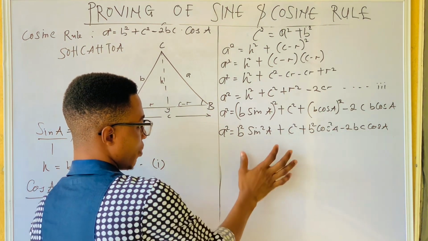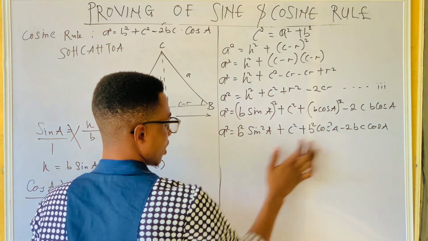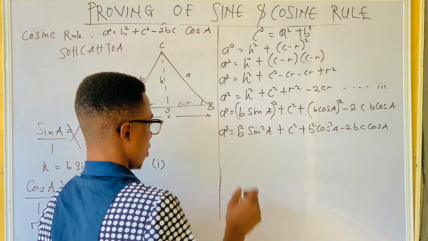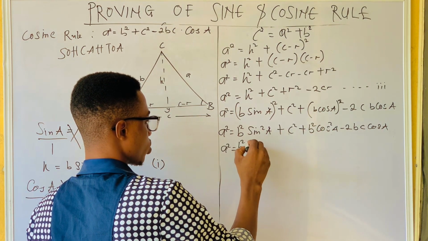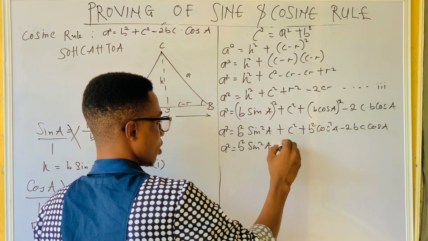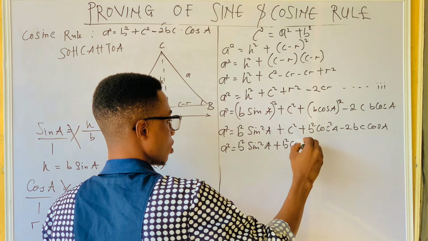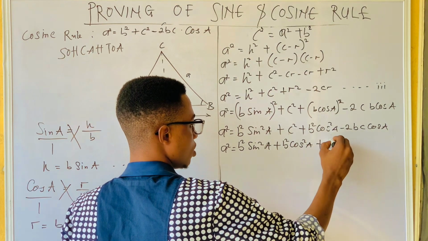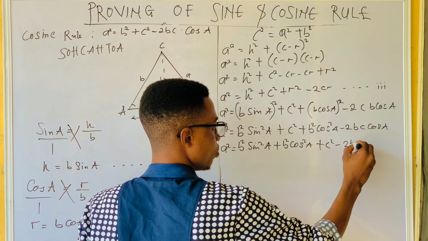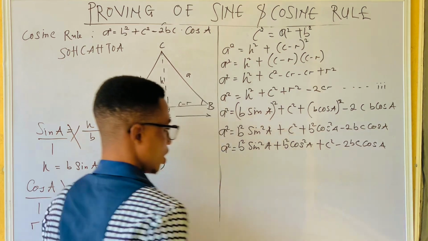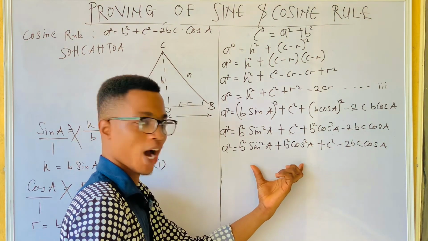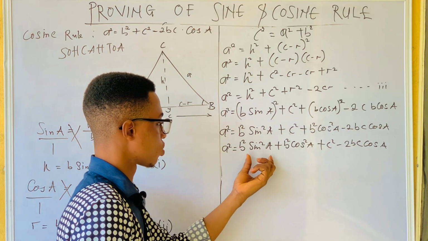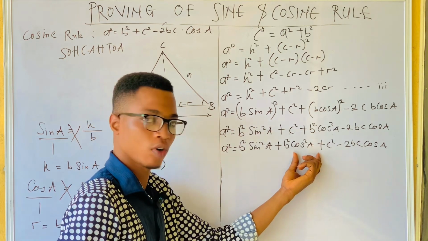Now, we can bring these two together. That is, b squared sine squared A and b squared cos squared A. We have a squared is equal to b squared sine squared A plus b squared cos squared A plus c squared minus 2bc cos A. So we need to factor out b squared because b squared is common to this part and this part.